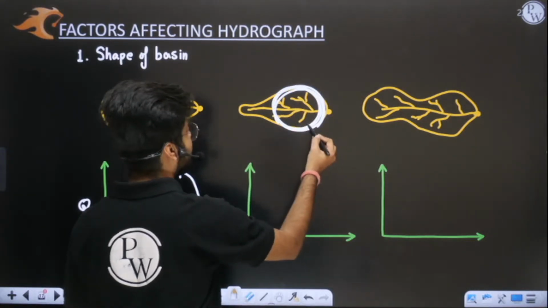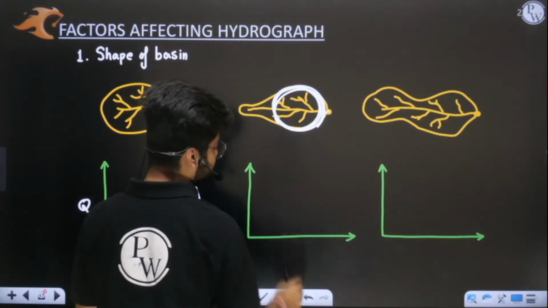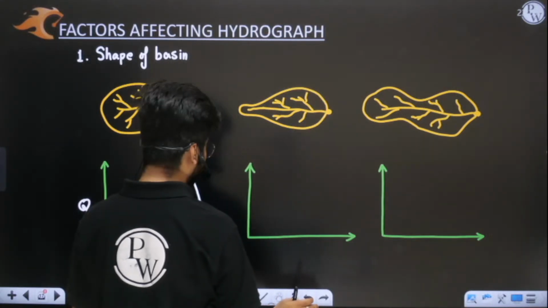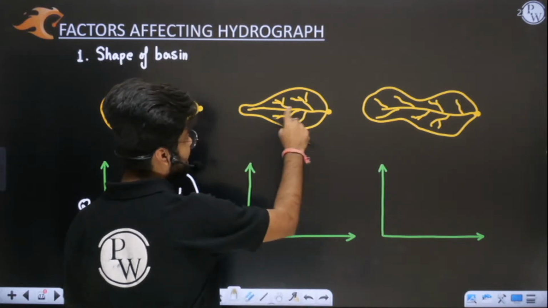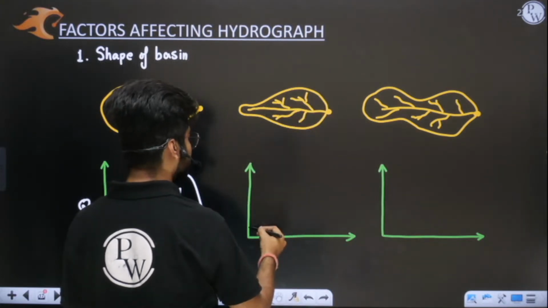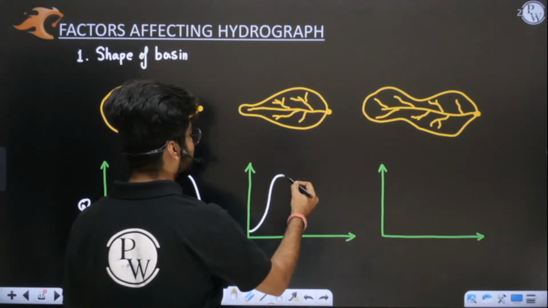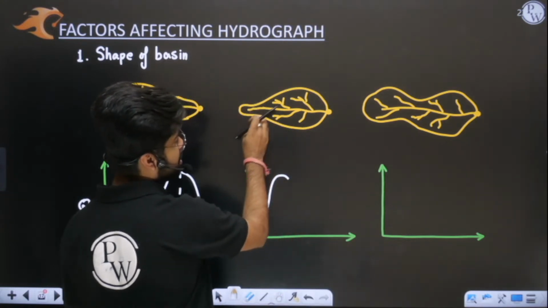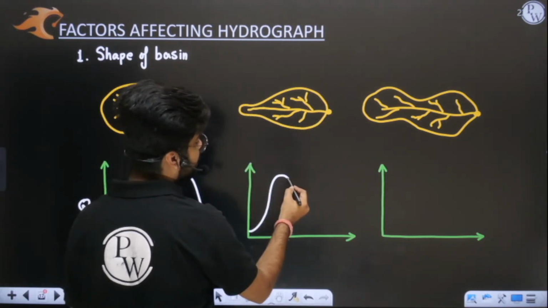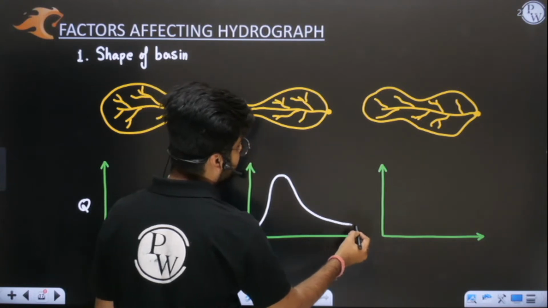But in this case, the huge volume of water received by the large area is near the outlet. Since it is near the outlet, this water will reach earlier. So you will have a peak initially, and when the lesser amount of water reaches the outlet, the graph will diminish like this.